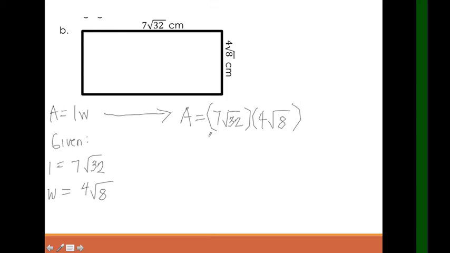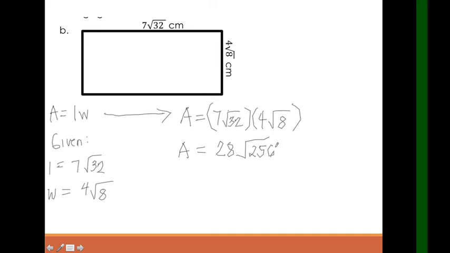Alright, so what is 7 times 4? 28 is the answer, right? And what is 32 times 8? 32 times 8, that's 256. So we have square root of 256.